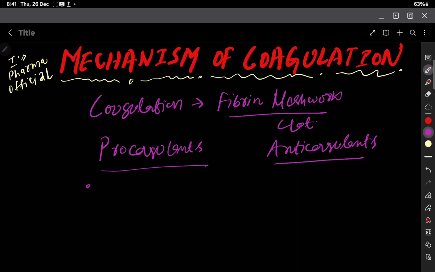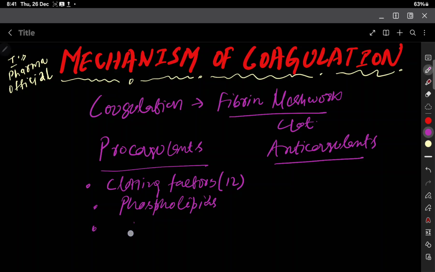Important procoagulants present in our blood are: first, clotting factors, which are 12 in number; then phospholipids; then platelets. So these three things help in the coagulation. That's why they are called procoagulants.